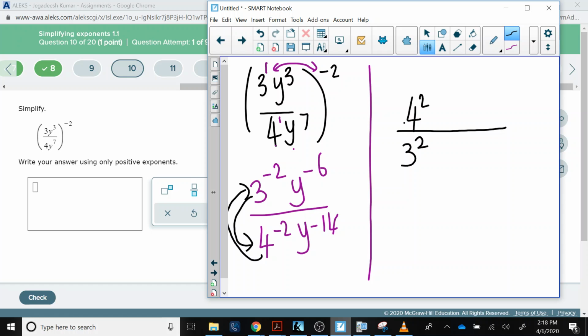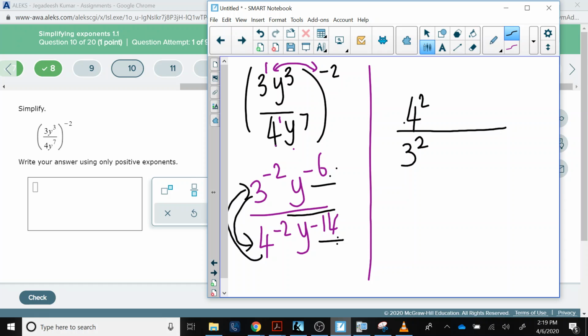We can do the same thing over here, but because this is division, I'm going to divide these two. These are like terms, right? y to the negative 6 divided by y to the negative 14. So what do you do when you divide exponents? You have to subtract the powers. The powers are negative 6 and negative 14.